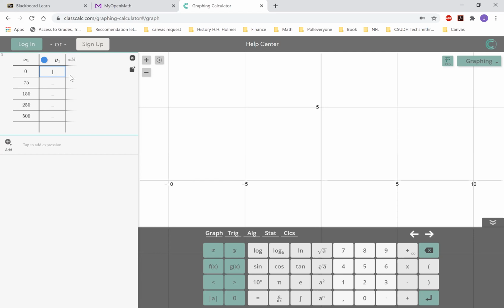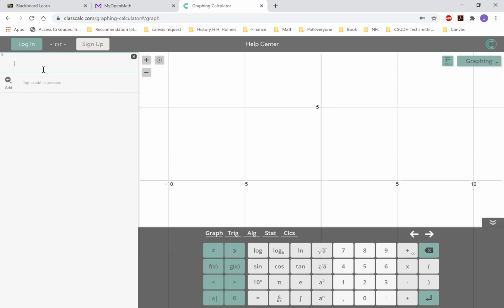For this one, we're going to do the multiplication. So we're going to do 0, and we're going to multiply this by 1,496 divided by 1,500.